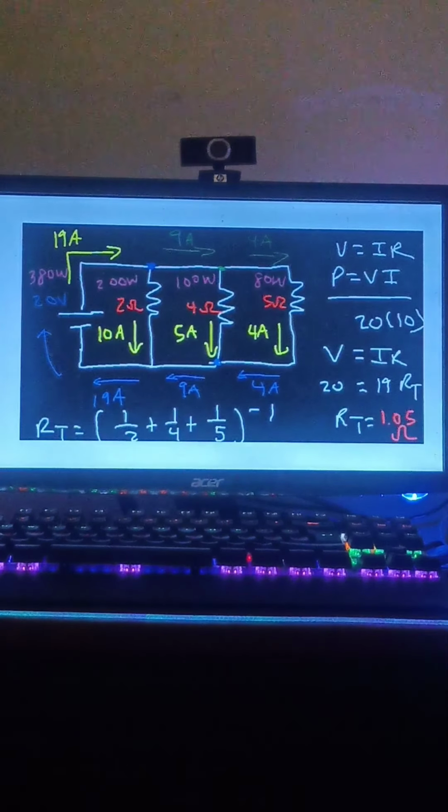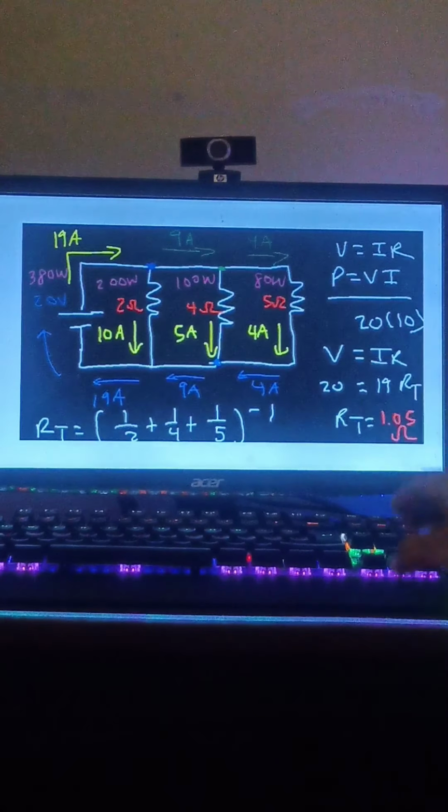Another way to solve this is total resistance equals 1 over 2 plus 1 over 4 plus 1 over 5, raised to the power of negative 1. The total we get is 1.05. I will send the answer using the calculator in our messenger.